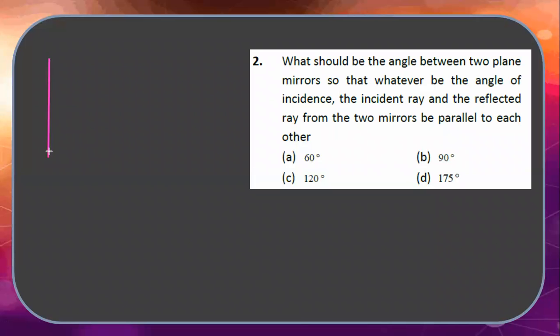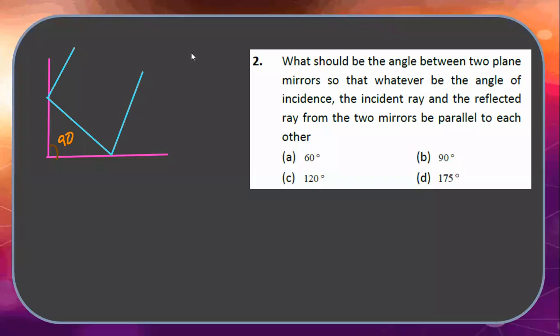Whenever the two plane mirrors are inclined at an angle of 90 degrees, then in such a case, this is the incident ray and this is the reflected ray. So incident ray and reflected ray are parallel.